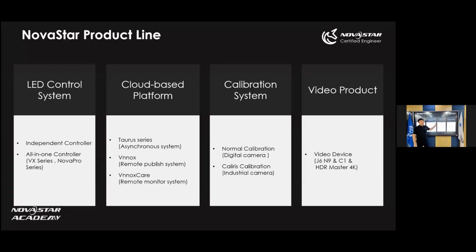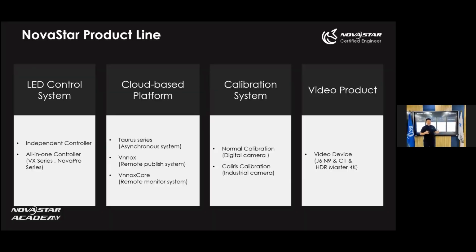And another very important product line is calibration system. As you can see here, we have the normal calibration and the calories calibration. For the market, as we know, many years ago there was a DIP package and not mainly the SMD package. Because the pixel pitches become smaller and smaller, the COB package is more popular. So for the normal calibration, like the SMD, we can just use a digital camera.